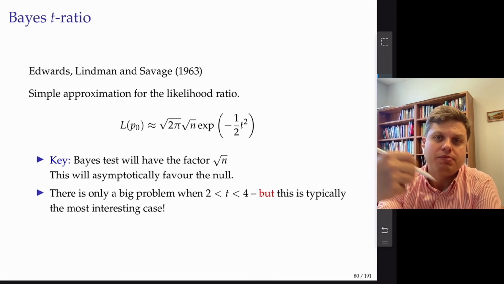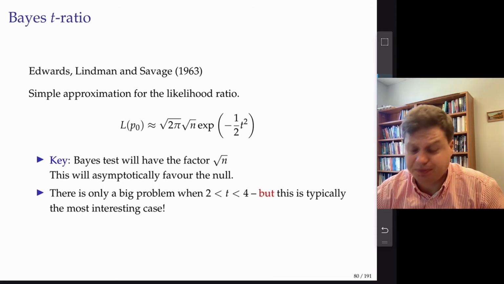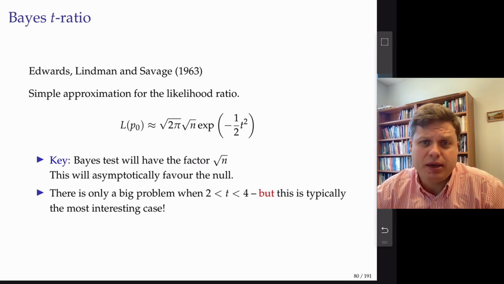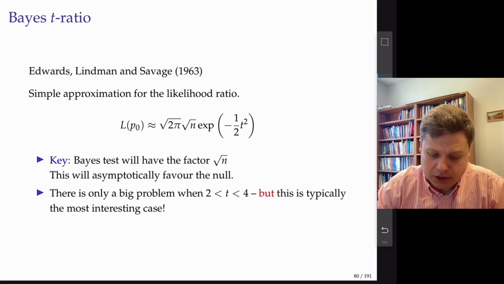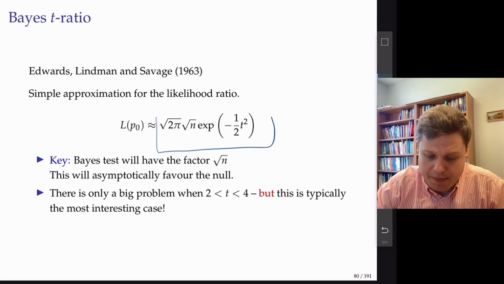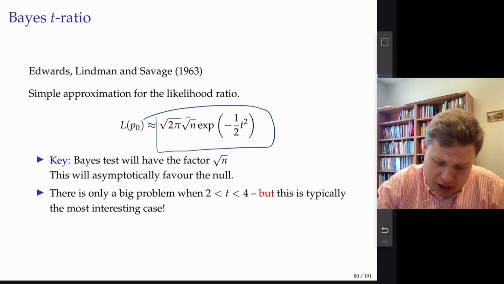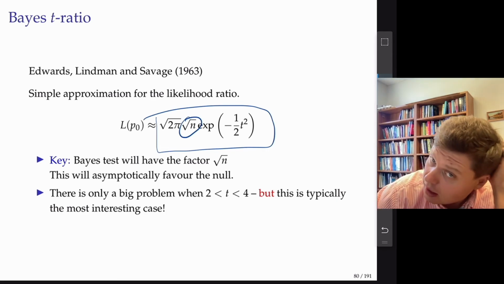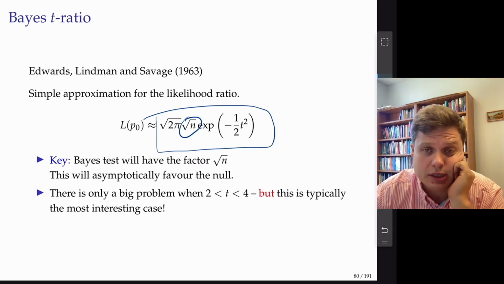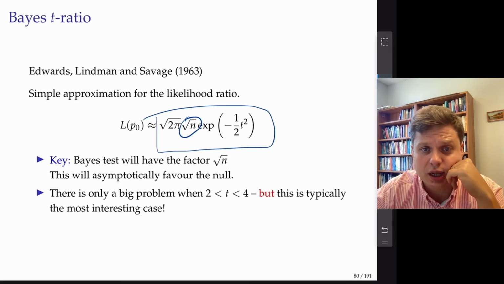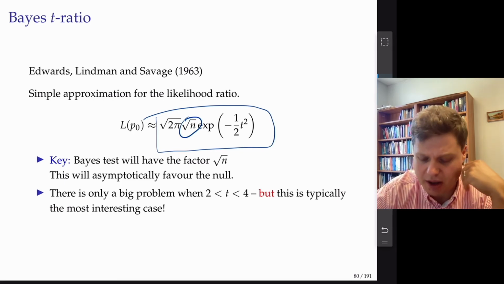Lindley and Savage, in their 1963 paper on applying statistics to psychology, show that you can approximate the likelihood ratio. This ratio is approximately square root of pi, root n, times exponent of t squared. What you see here is this root n term, so the likelihood ratio is proportional to root n. That means that as n goes up, it will asymptotically favor the null hypothesis.